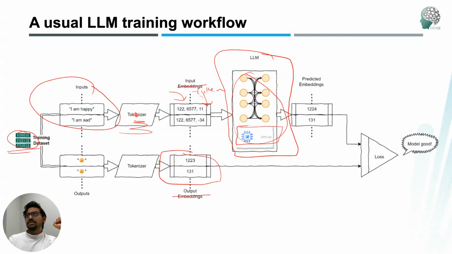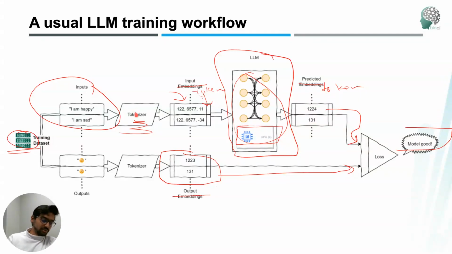Then it predicts some tokens again, and these tokens are compared with the ground truth tokens using a loss function, of which there are multiple. It says, okay, model good, model bad. It gives you a quantitative measure of how good the model is, and then you can use that to further tune your model.